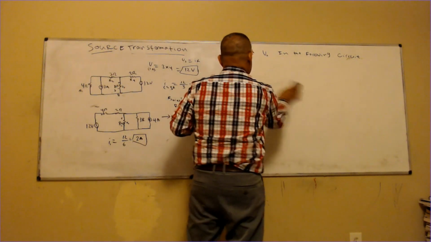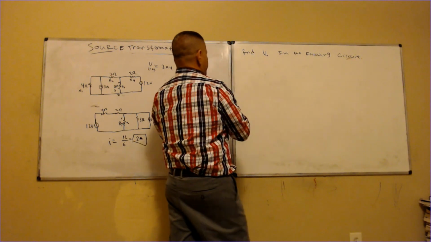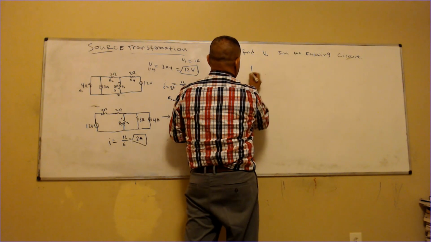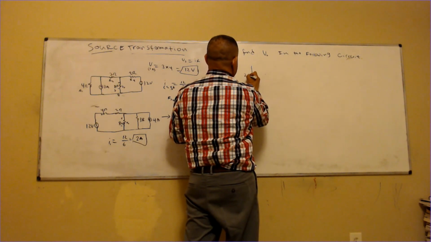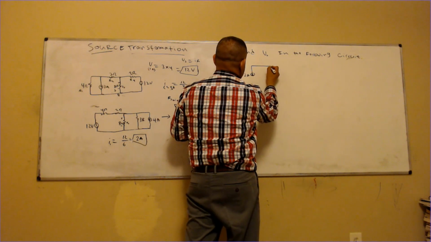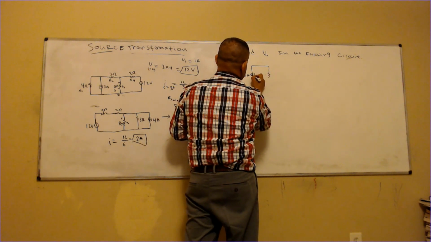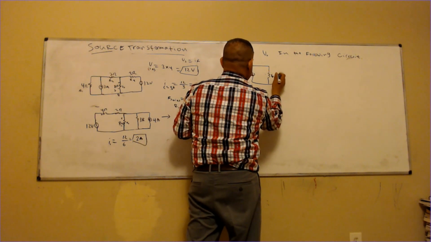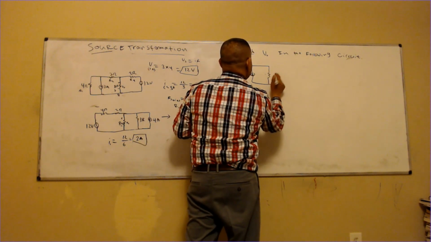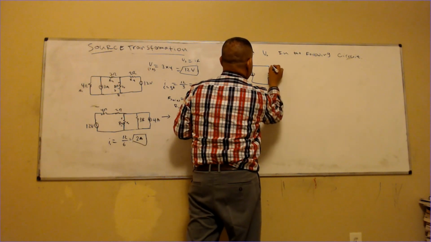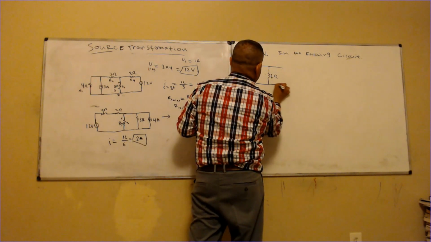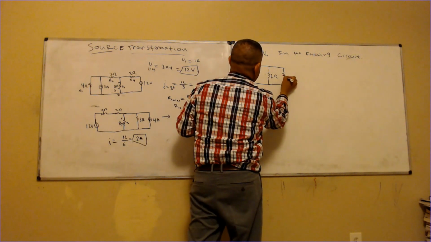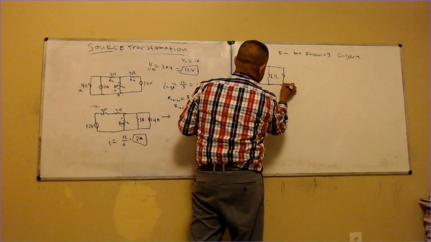Let me just make this up here because I need some room. So this is 2 amps, right? This is 6 ohms, right? 6 ohms, right? And then I keep going like this, and then I go like this, right?